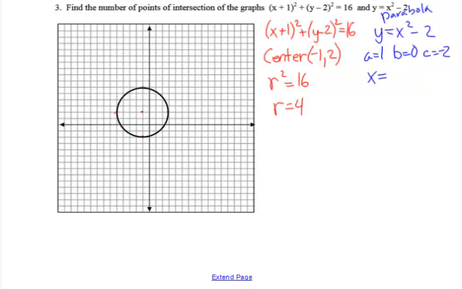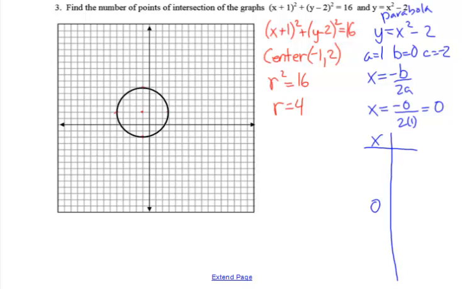So x equals negative b over 2a, the formula for the axis of symmetry. So we have negative 0 over 2 times 1. Well, hey, 0 divided by anything is just 0. So for our axis of symmetry, it's going to be in the middle. That's nice. So we do negative 1, negative 2, negative 3, 1, 2, and 3.